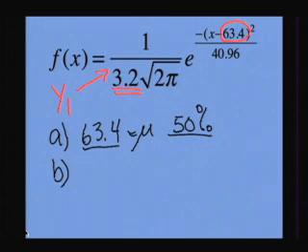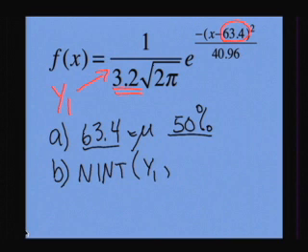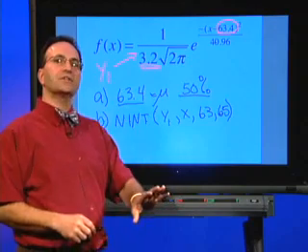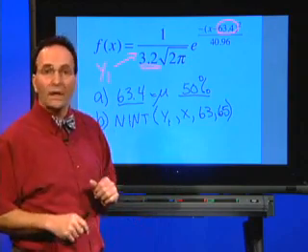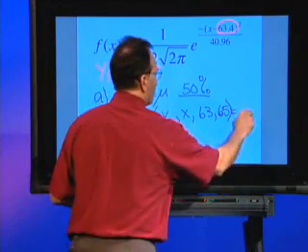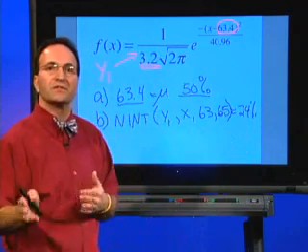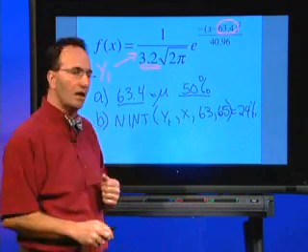For part B, we would do nInt of Y1, comma, x, comma, and our interval was 63 to 65 inches. And when we plug that in and hit enter, we'll find that it's 24%. So 24% of the adult females would be between 63 and 65 inches tall.